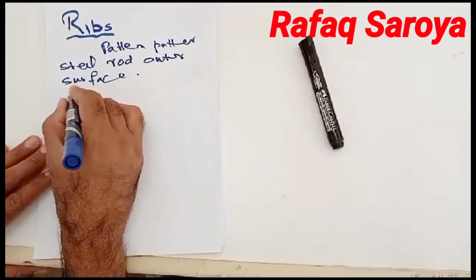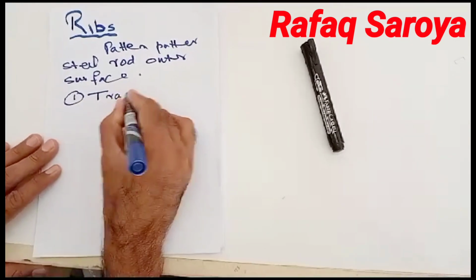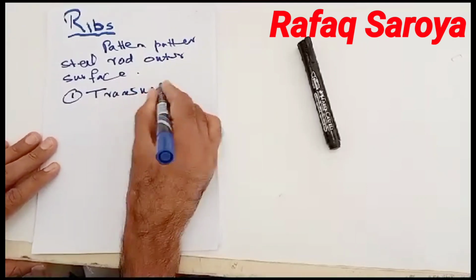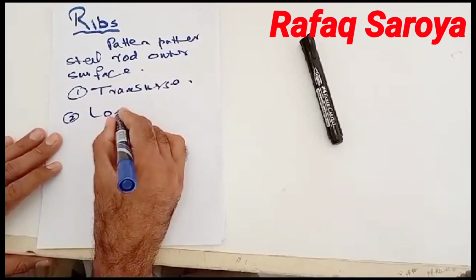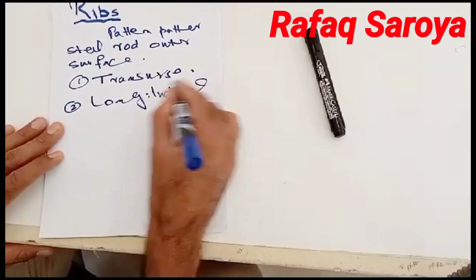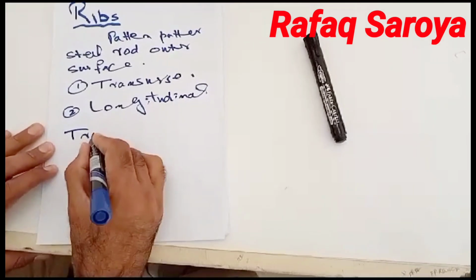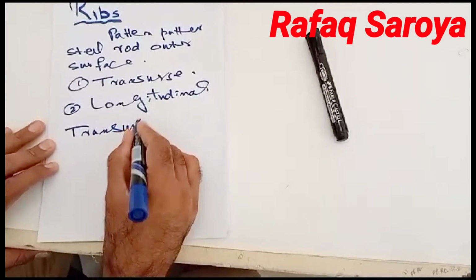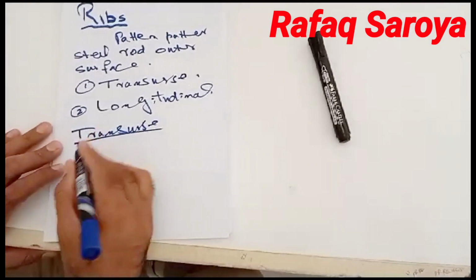Now ribs are divided into two types. Number one, transverse, and number two, longitudinal. Let me tell you which is the transverse and which is the longitudinal. Now for the transverse ribs, these are ribs along the perimeter.